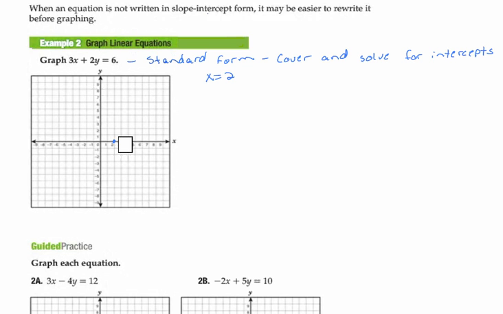Because on this point, y equals 0. Okay, now I'm going to do the same thing when x equals 0. So I'm going to cancel out the x, and I'm going to see that y equals 3, because 6 divided by 2 equals 3. So when x is 0, y is 3. Using my standard form tips and tricks, I'm going to go ahead and try.